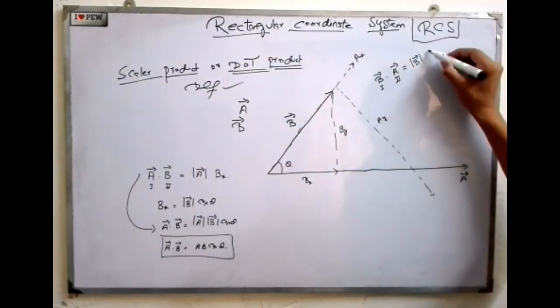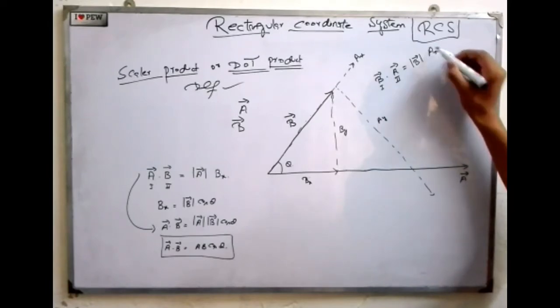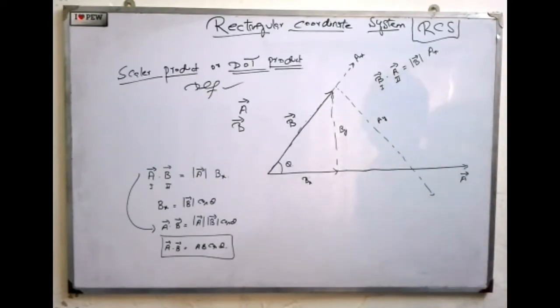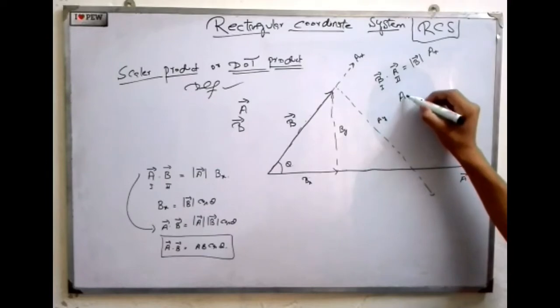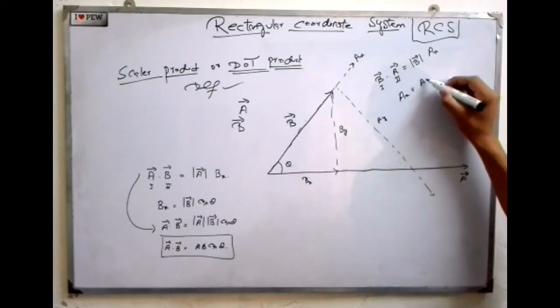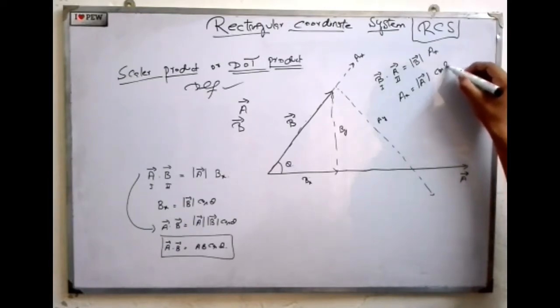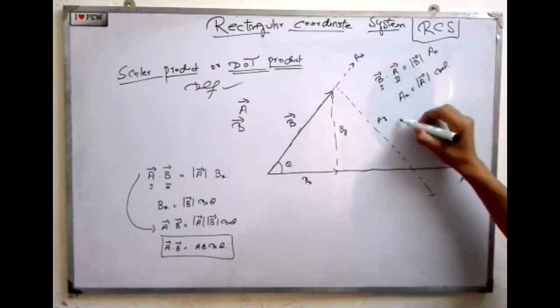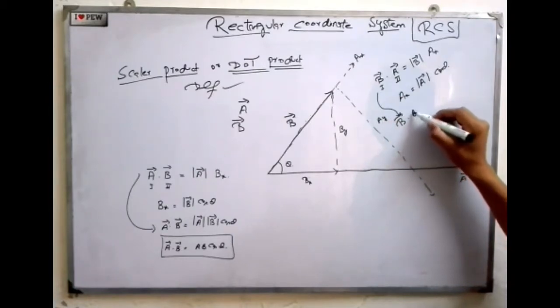So Ax is equal to magnitude of A times cos theta.